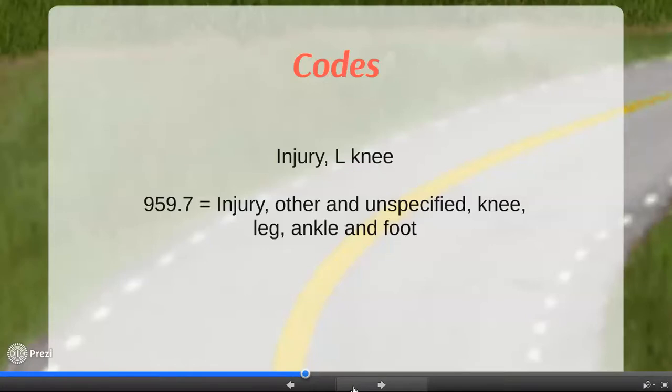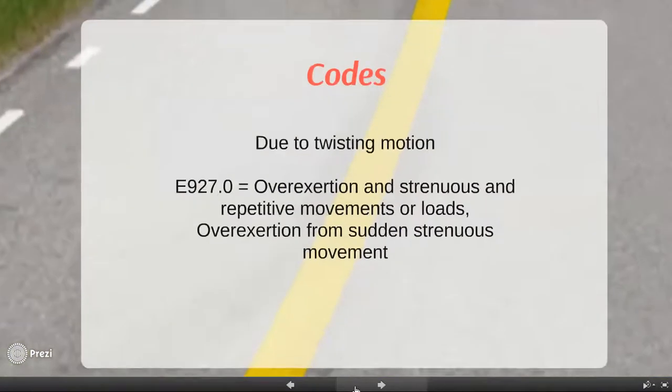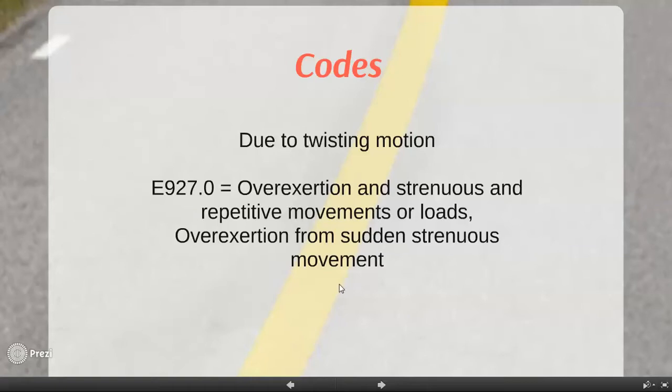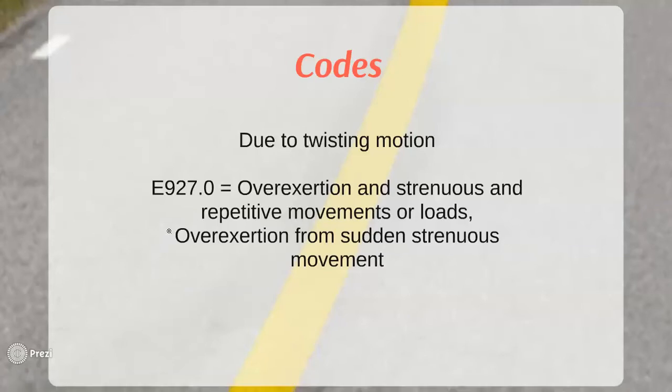That's not an E-code. So far we've got our due to twisting motion. What is that going to be? Well, remember we have PEAS. We have place of occurrence, external cause, activities, and status.